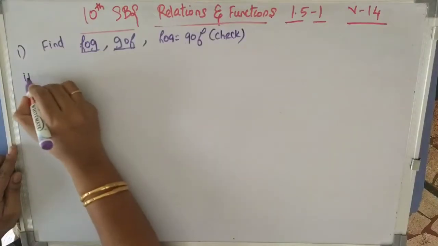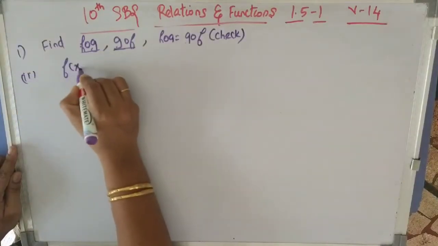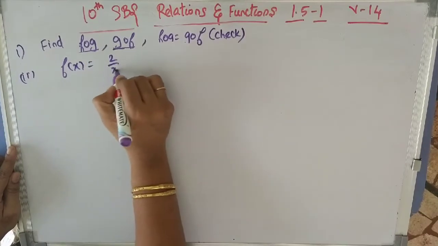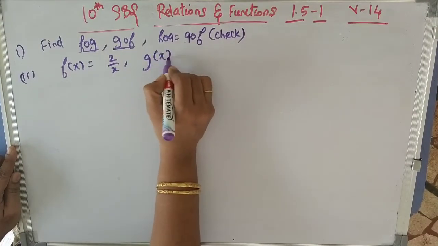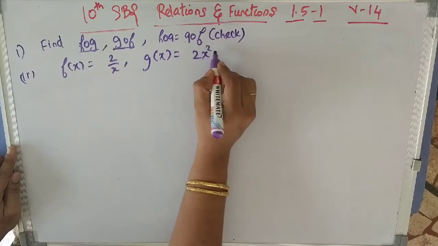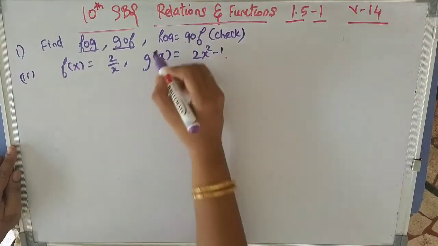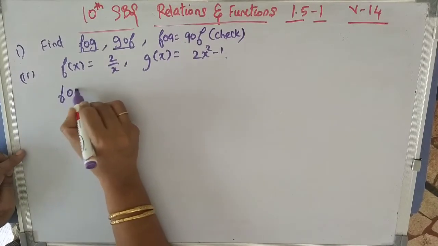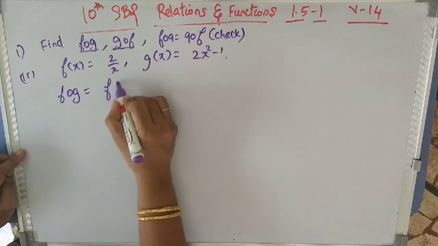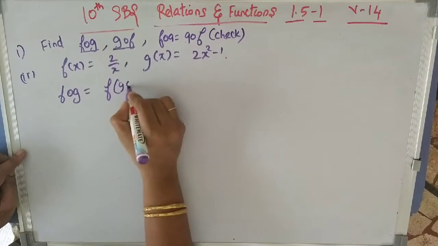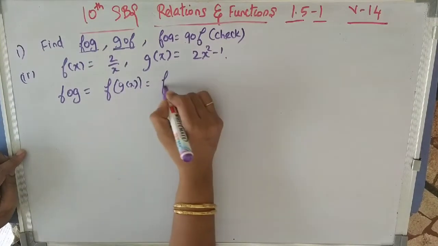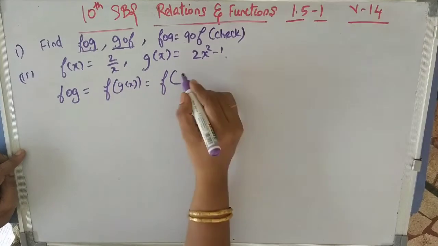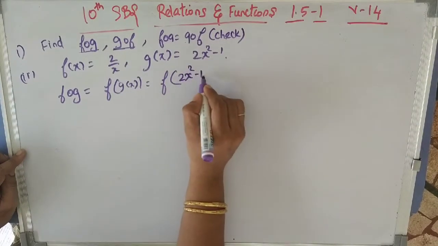Clear? Now, the second question is, f of x is equal to 2 by x and g of x is equal to 2x squared minus 1. First, we have to find f dot g. So, f dot g is equal to f of g of x. So, f of, what is g of x? 2x squared minus 1.